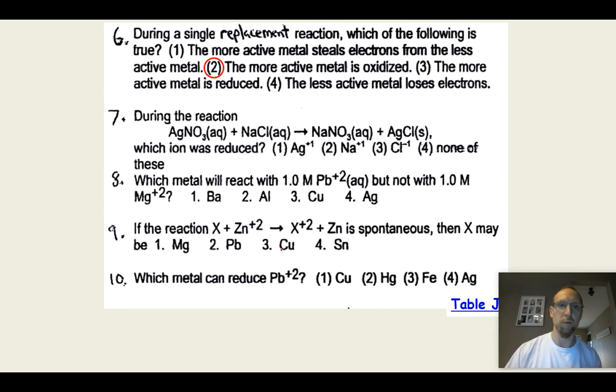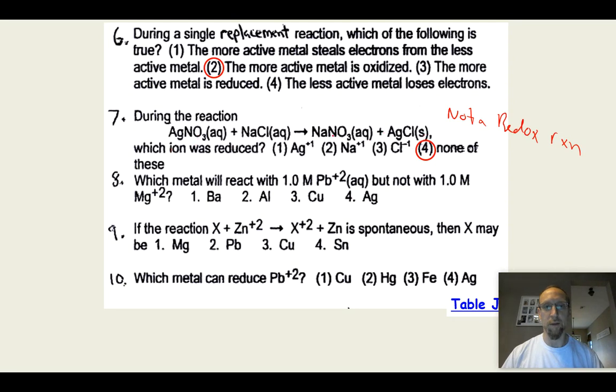Remember that. Number 7, during the reaction, which ion was reduced? So this is a trick question. The answer is 4, none of these. Why none of these? Because this is not a redox reaction, right? There are no uncombined elements, right?